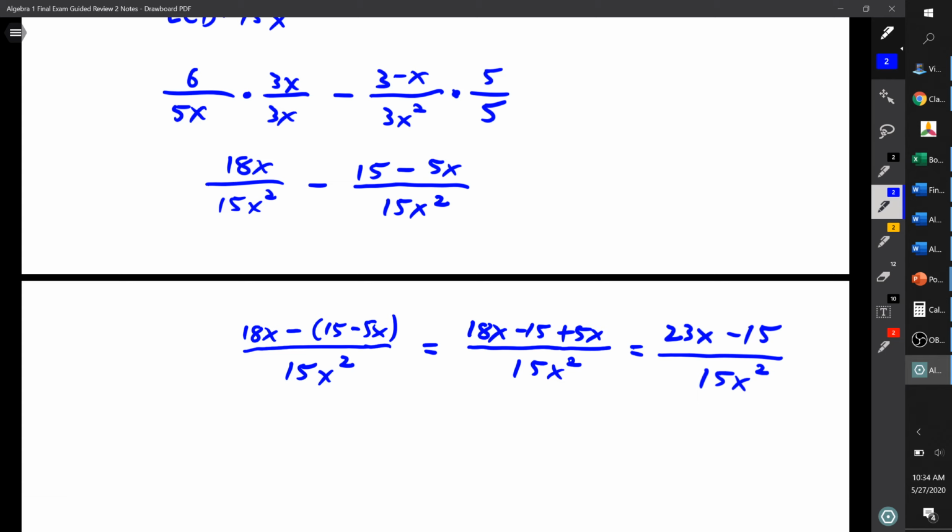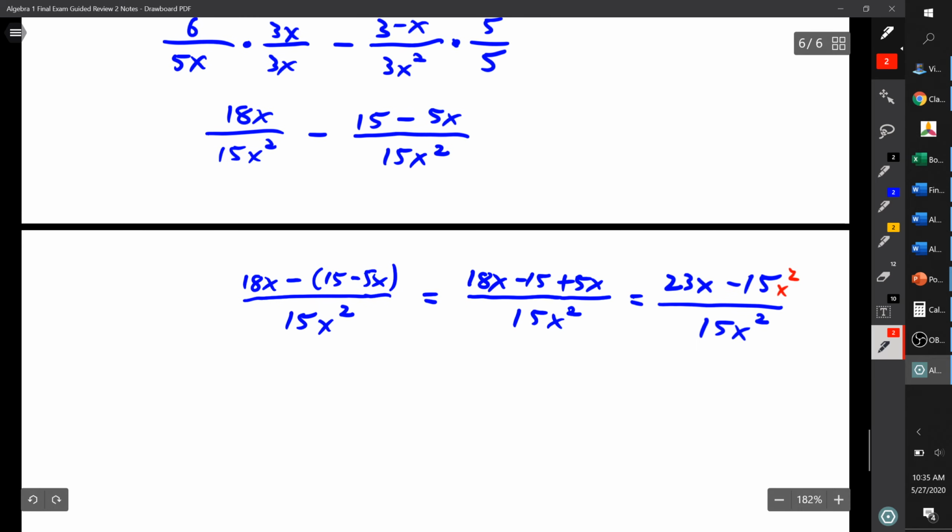You cannot do any simplifying with this x and x squared because this does not have an x in it. If this had an x squared, you could factor an x out of each of these opening terms.